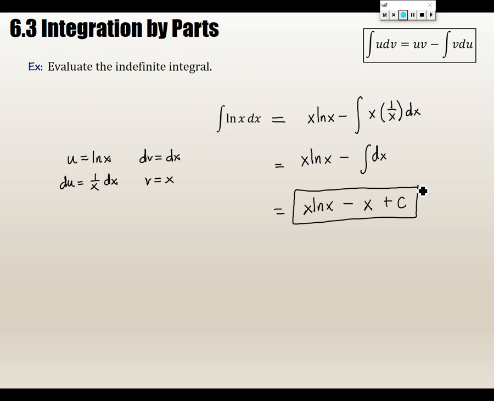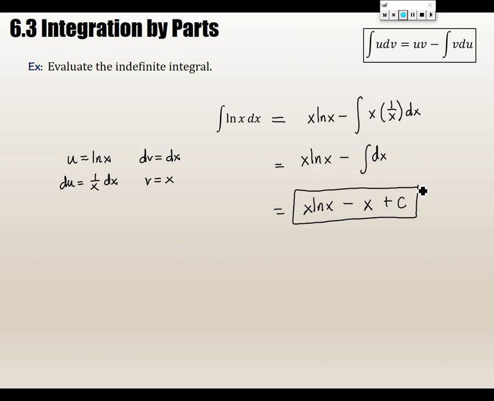Okay, so if you have the integral of dx, that equals x. Yeah, the antiderivative of 1 is x. What did you say?